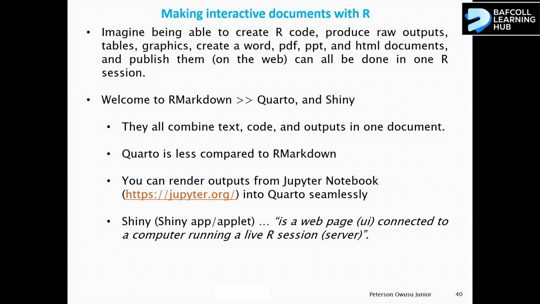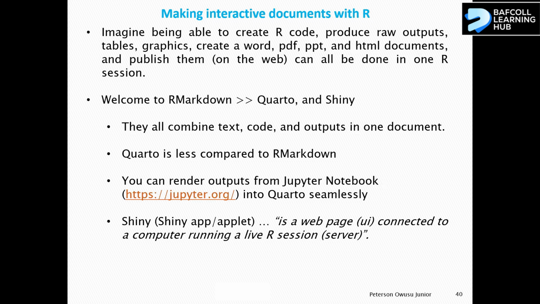Okay, so as I said, you can have one R session where your code is there, your outputs are there, your graphs, plots, and you can get that output in Word, PDF, PowerPoint, as well as HTML, which means you can open it in a web browser or in one R session.